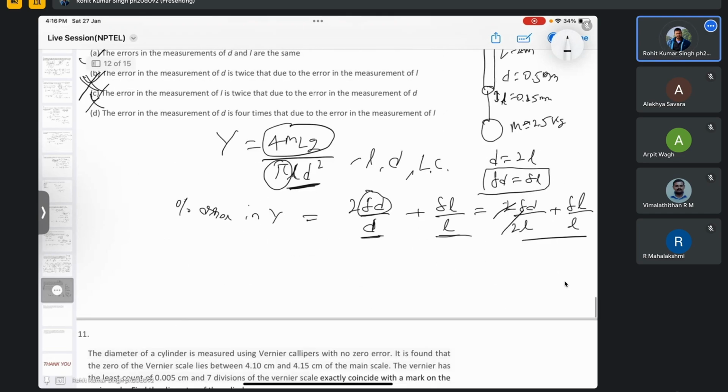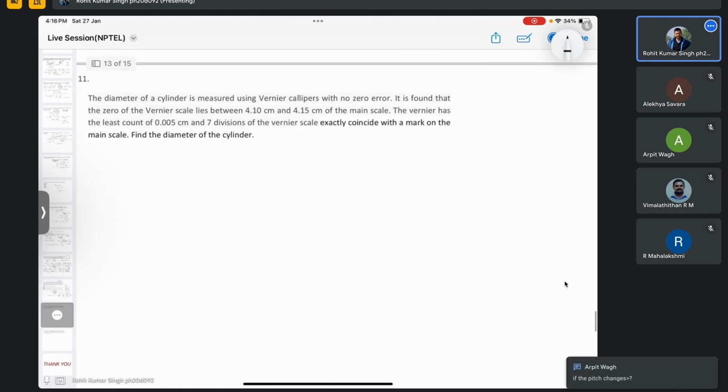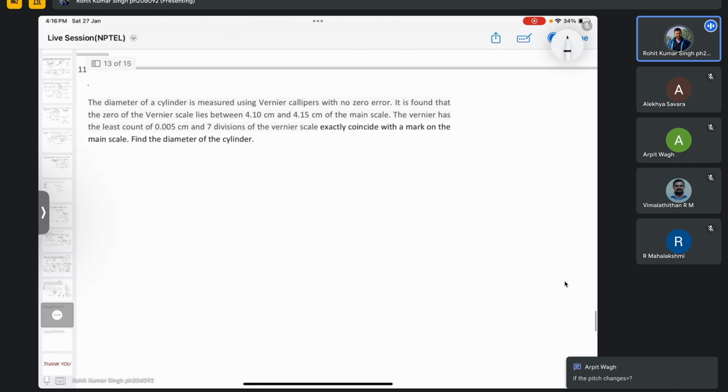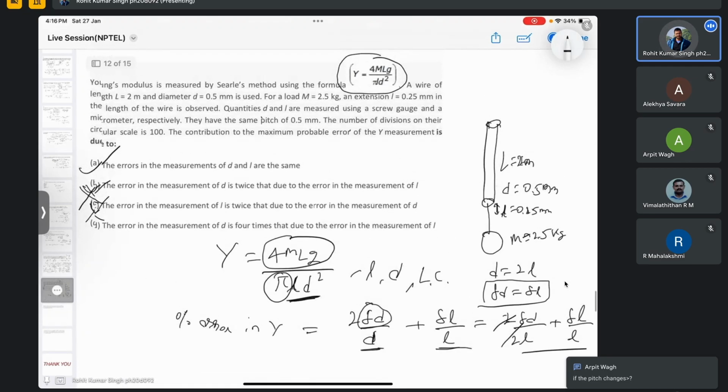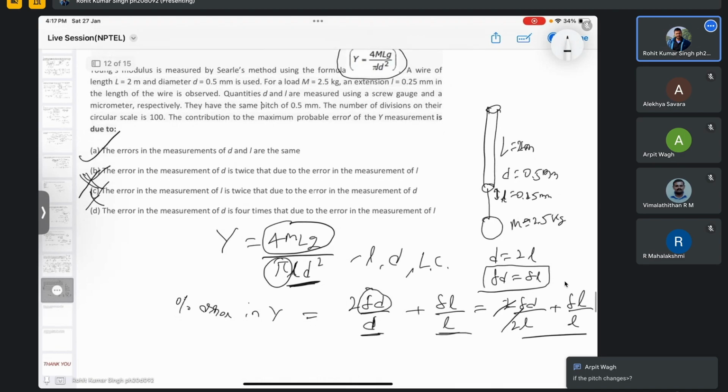Okay, this is fun. Now, yeah, if the pitch changes, then we can say. Here the pitch is the same for both the measurements, that's why. If the pitch changes, then anything can happen, right?